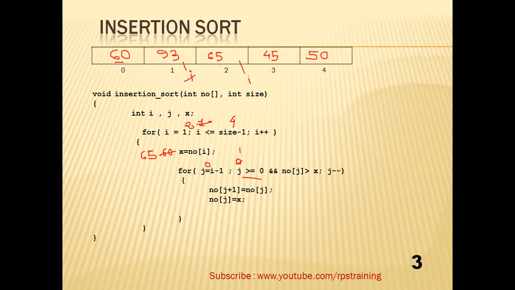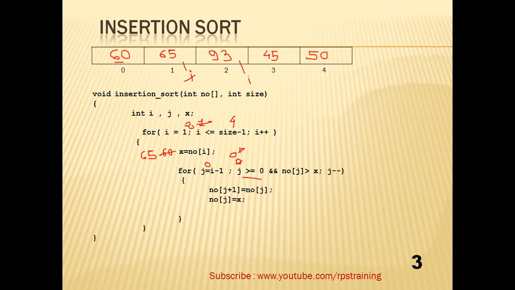Again the condition is true, and so interchange will be done using these two statements. 93 and 65 will be interchanged. It will be 93, it will be 65. j minus minus, j will be 0. 0 greater than or equal to 0, condition true, and no[0] greater than x, which is 65, and no[0] is 60, condition false.